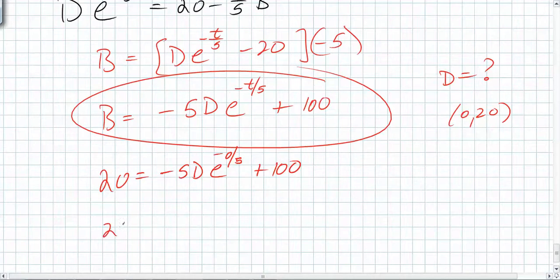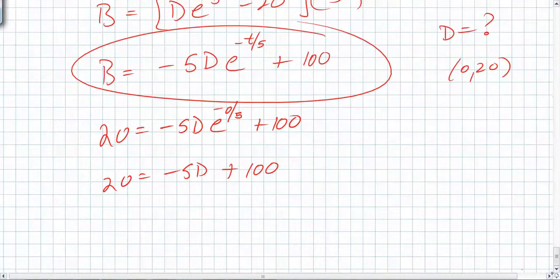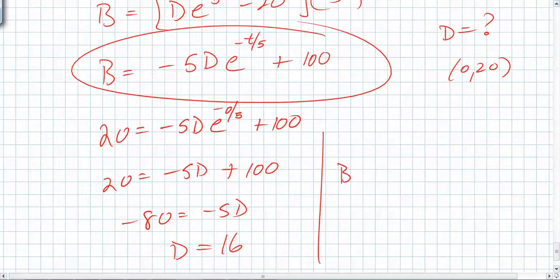So what do you end up with? 20 is equal to negative 5d plus 100, well, e to the 0 is 1, right? So that's why it went away. Negative 80 is equal to negative 5d, so d is equal to 16. So you end up with b of t is equal to negative 80 e to the negative t over 5 plus 100.